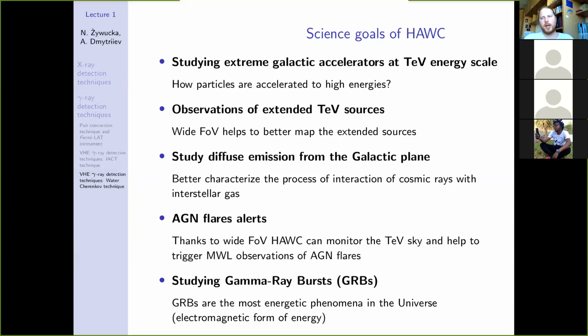Because the gamma ray spectrum can indicate the spectrum of particles in the source which were emitting these gamma rays, and hence you can reconstruct what the acceleration process was.